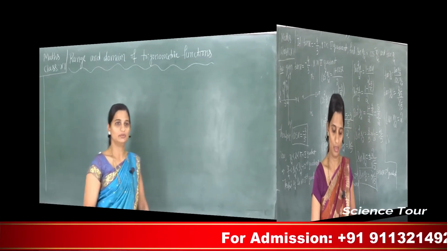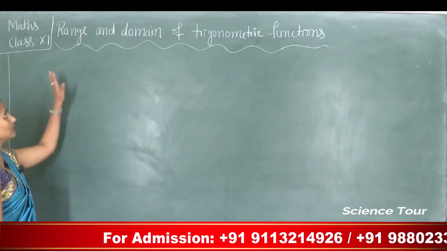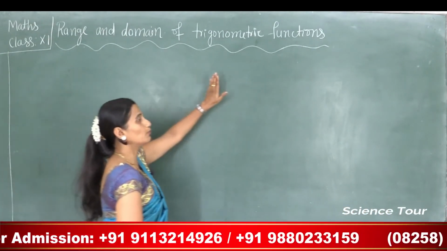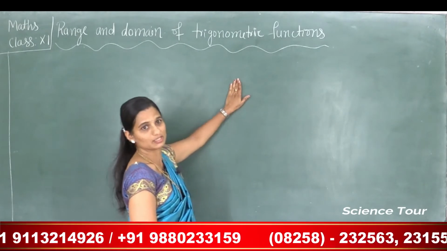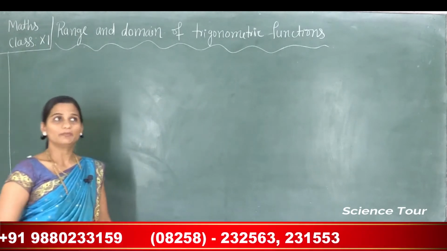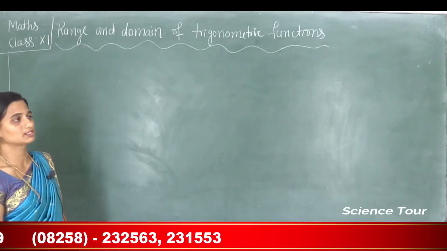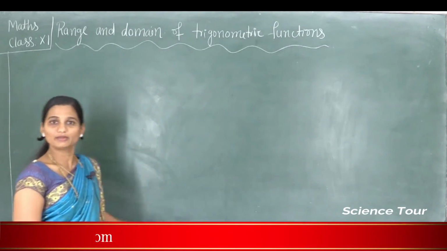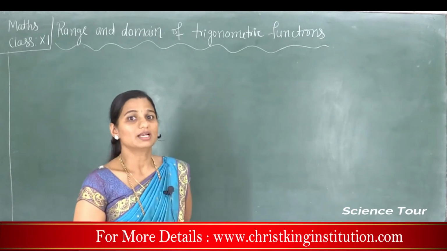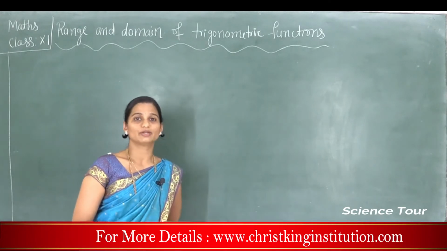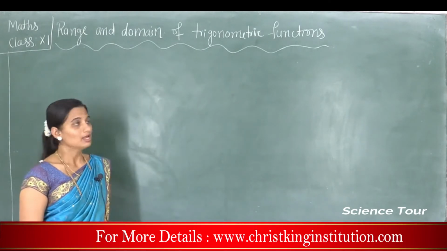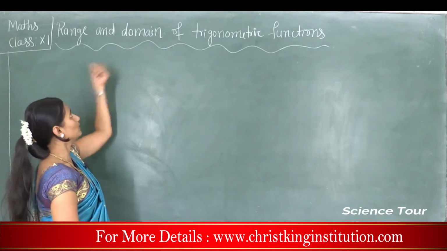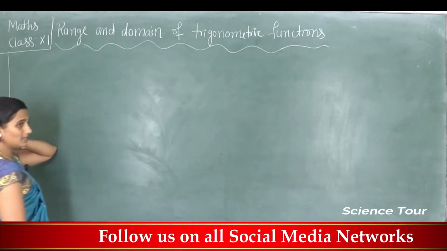Thank you. So today we will discuss the range and domain of trigonometric functions. You know about range and domain of trigonometric functions, right? That you studied in the relation and function chapter. So what do you mean by domain and what do you mean by range?